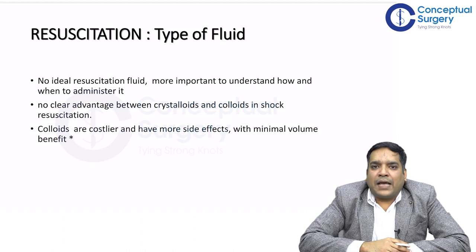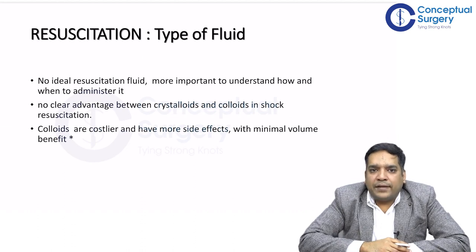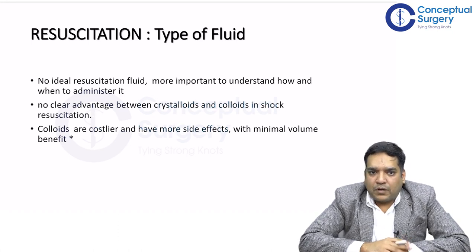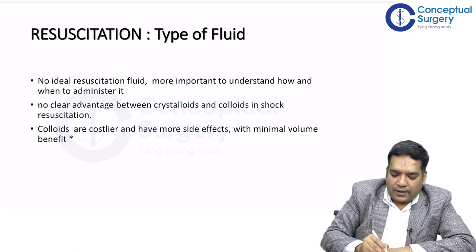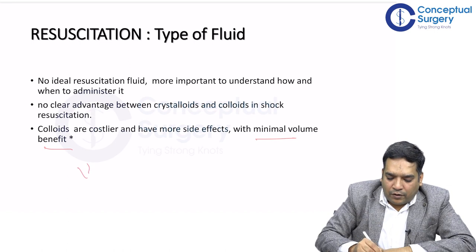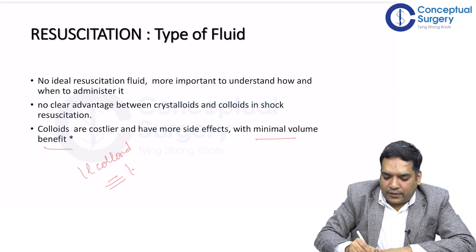So now the discussion about type of fluid. There is no ideal resuscitation fluid, and it is more important to understand how and when to administer IV fluid, right? There is no clear advantage between crystalloid and colloid in shock resuscitation. It is seen that colloids are costlier and have more side effects with minimal volume benefit. What is minimal volume benefit? 1 liter of colloid is equal to 1.3 liter of crystalloid.